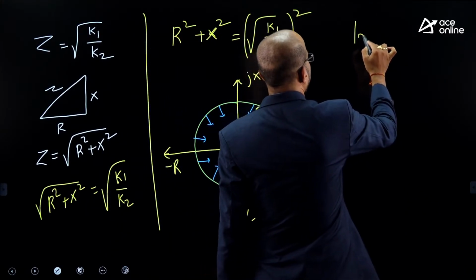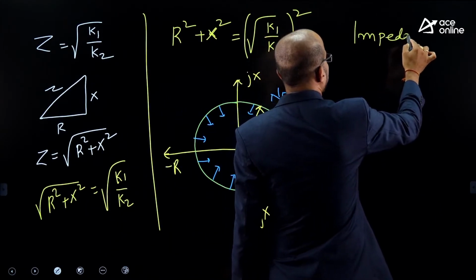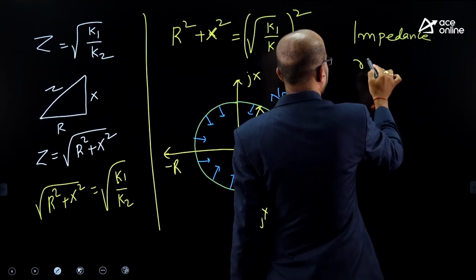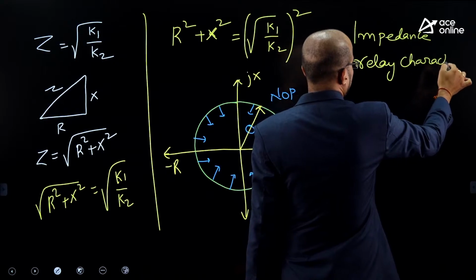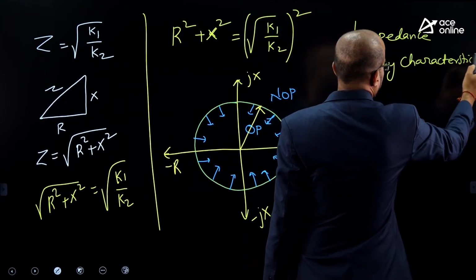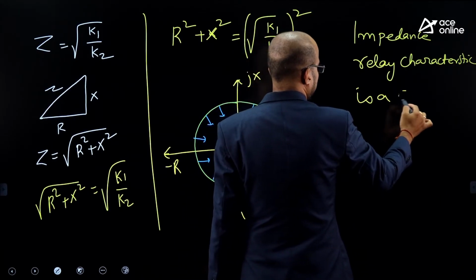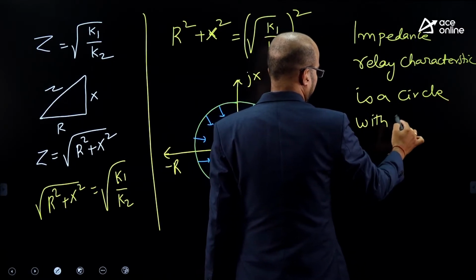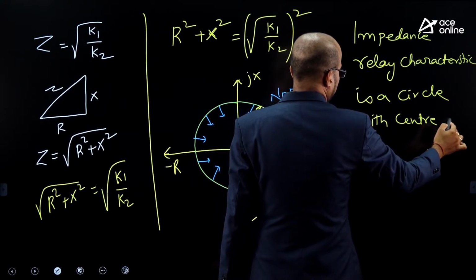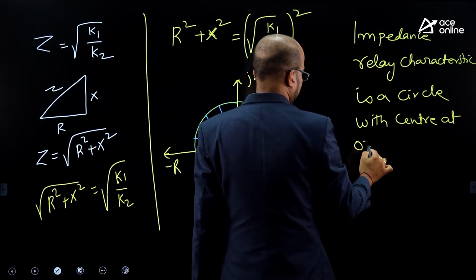So impedance relay characteristic is a circle with center at origin.